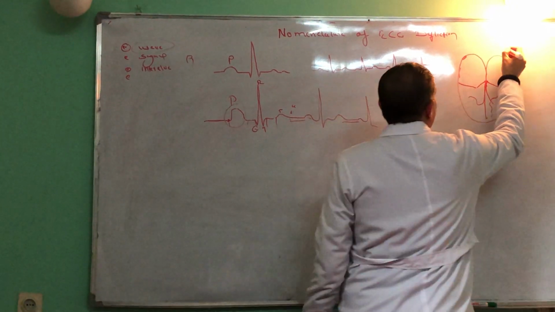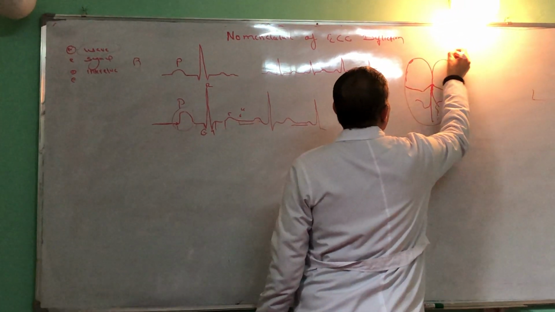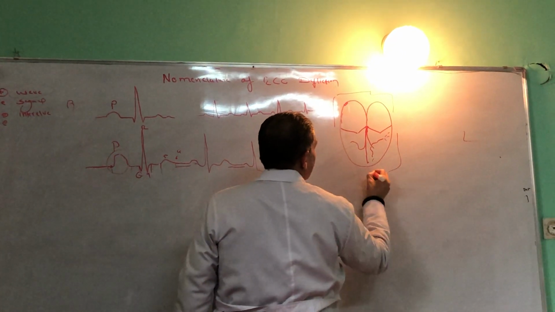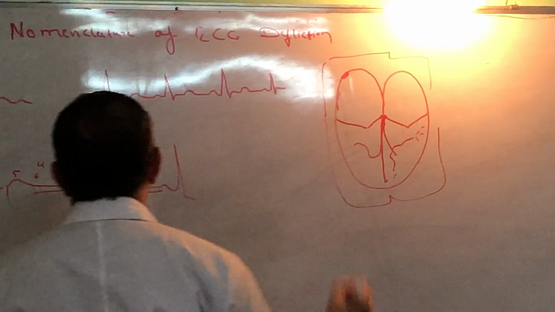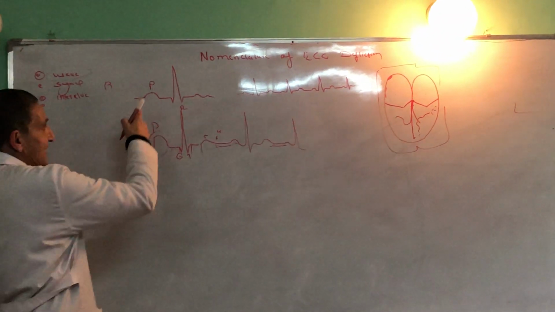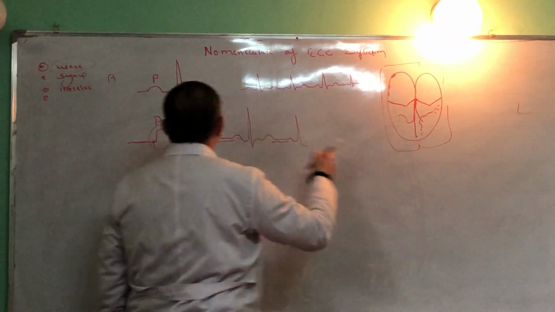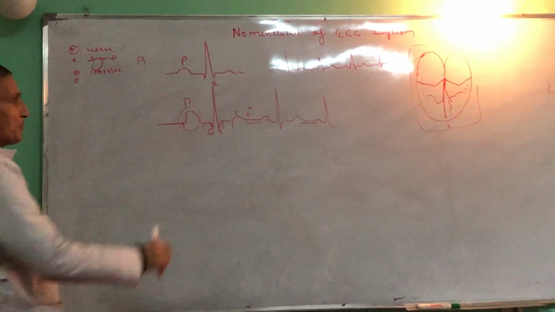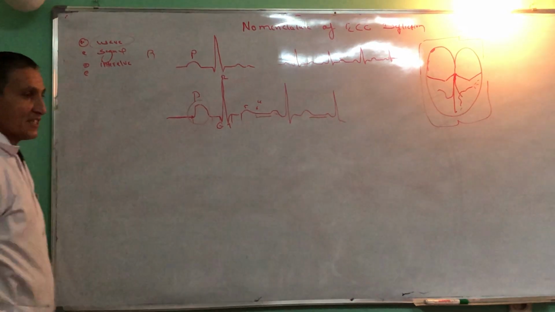For example, this is the atria. We have 2 atria. This is the atria, and this is the ventricle. So what is the P wave representing? When we correlate the ECG event to the electrical event, this P wave represents atrial depolarization.